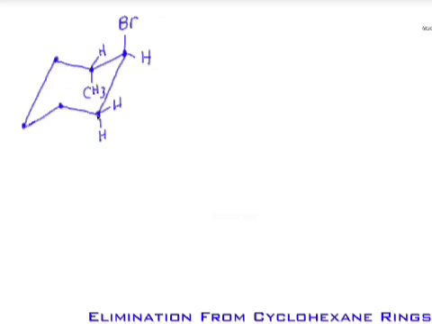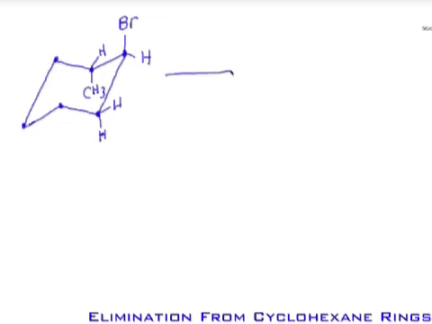What about here, on this beta carbon? On this beta carbon, we have an H. Okay, I can pull this H off.